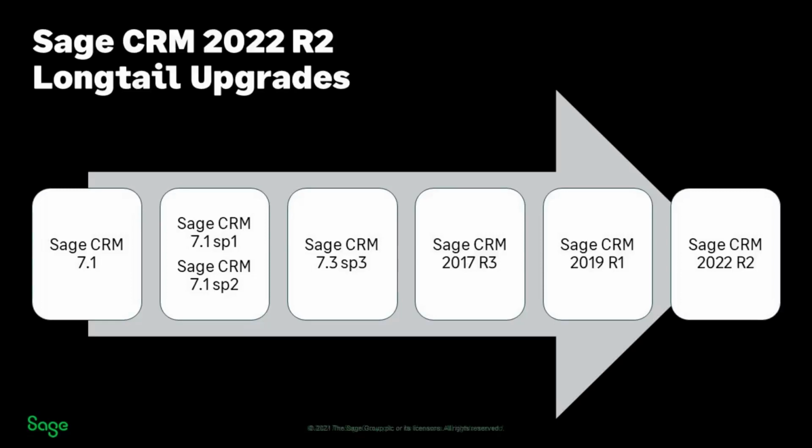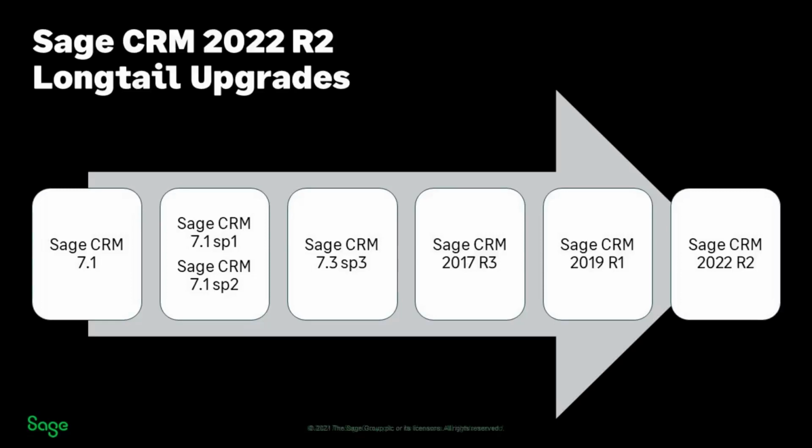If you don't have somebody who has gone through the upgrade process between 7.1 and 7.3, you're in a bad place when it comes to taking a customer all the way up from 7.1 to Sage CRM 2022 R2. There are some big jump points, so it's about making sure this is addressed as soon as possible.